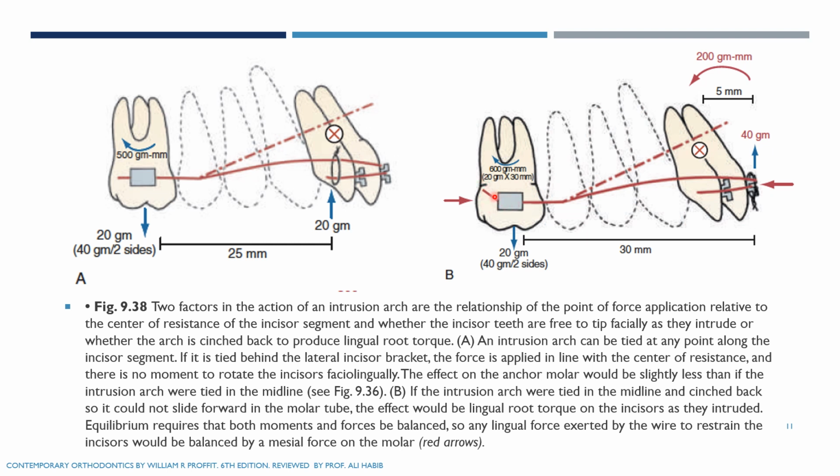You can see here in B, you cinch back the wire. This was found to prevent flaring. However, the flaring effect will create another horizontal force on the molar, which will tend to move the molar mesially.